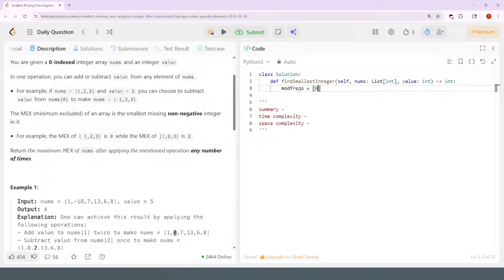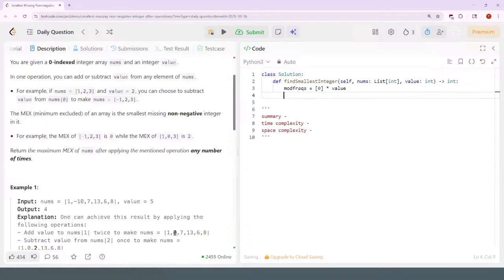It'll be 0 times value, because 5 would be the most different numbers it could have. And then for every value in nums, I'm going to do mod frequencies of that value mod value.